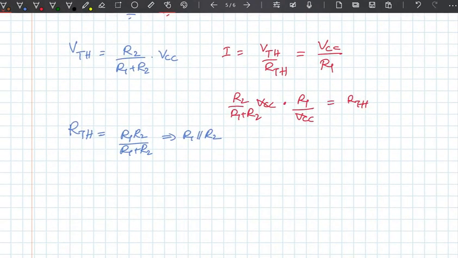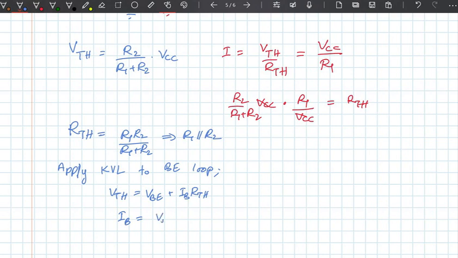So if I apply Kirchhoff's voltage law to the base emitter loop, I have VTH is equal to VBE plus IB RTH. So IB is equal to VTH minus VBE divided by RTH. We know both RTH and VTH, and VBE is equal to 0.7.